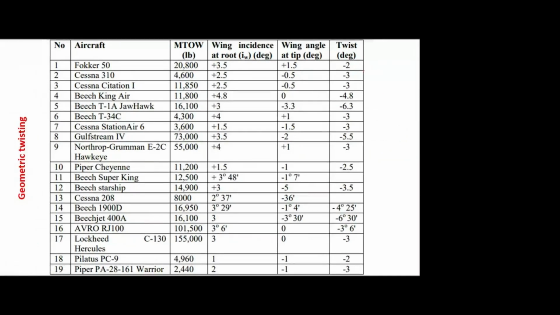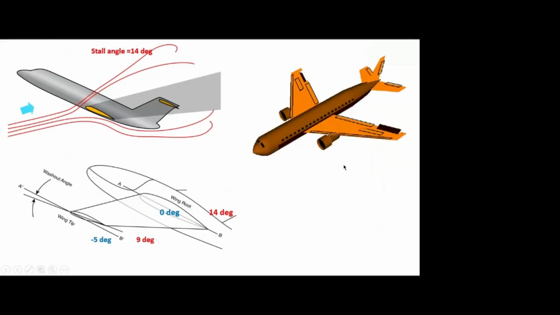And this is some survey. Everywhere you can see there is a twisting. So here more angle, here less angle. Overall, the twist is negative. Okay. So negative means washout. In all the commercial aircraft, we have only the washout type of wing, because safety is very important. So if you go for the washin wing, what will happen?